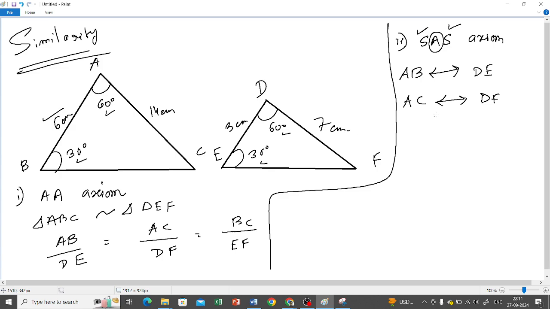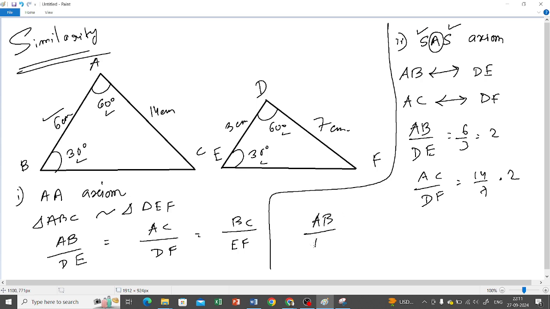The corresponding side of AC is DF. Now AB by DE is 6 by 3, which is 2, and AC by DF is 14 by 7, which is 2. So AB by DE is equal to AC by DF, and also angle BAC is equal to angle EDF, yes or no?